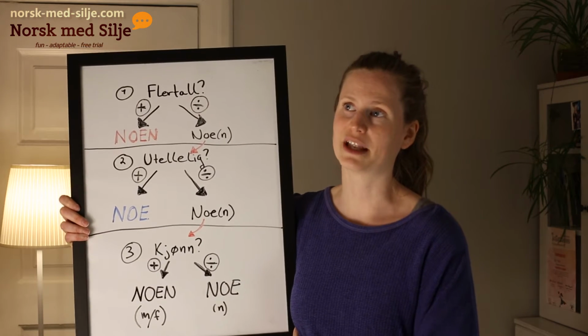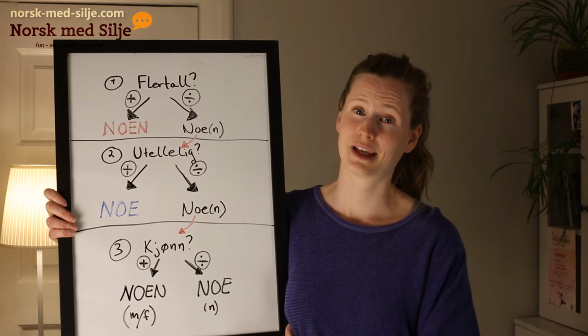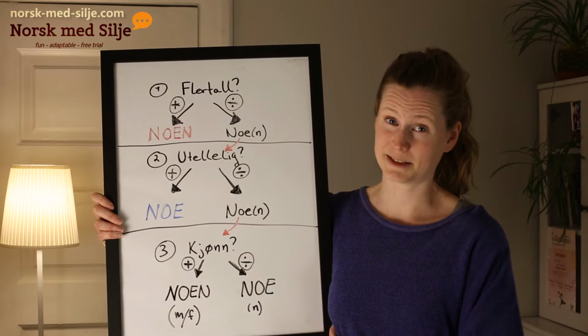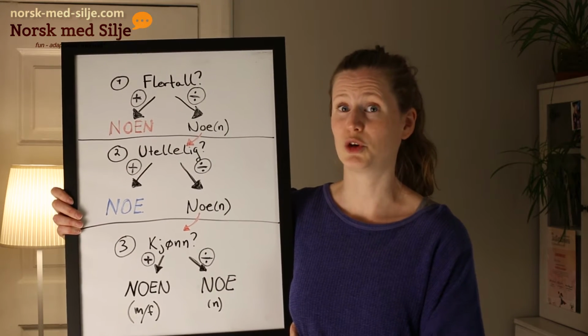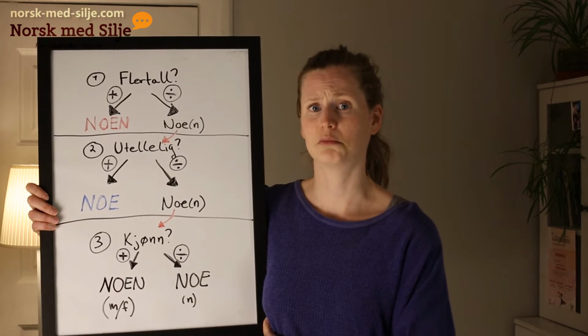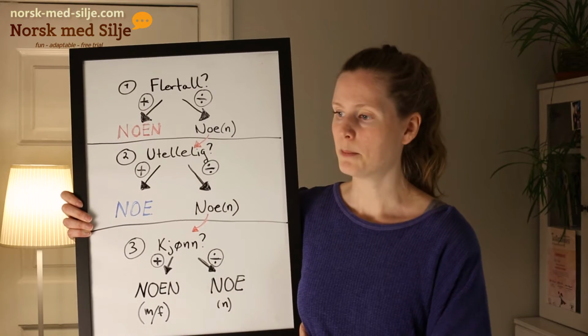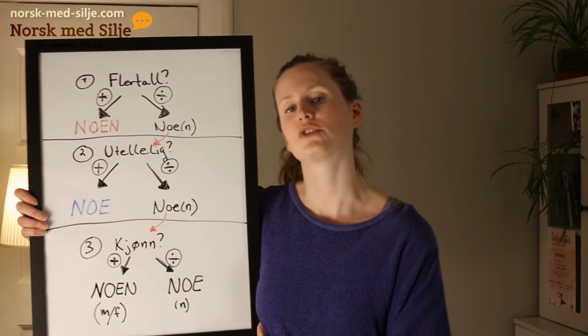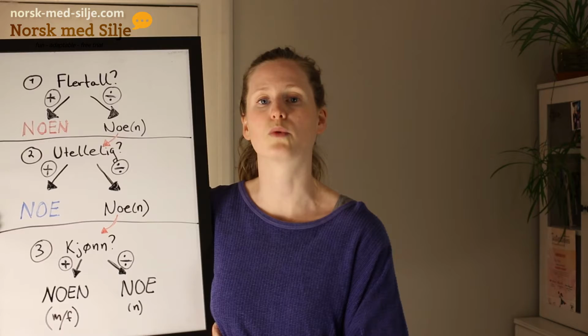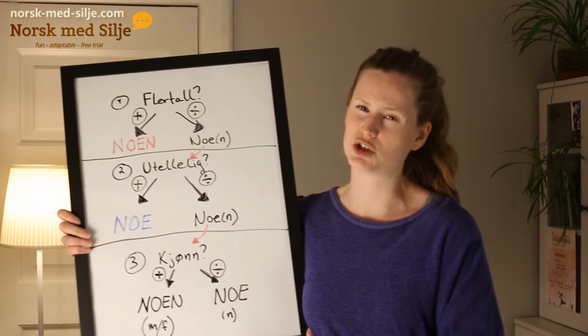And then we're gonna look at different examples, different kinds of sentences, so that you know what they actually mean or what they can mean. Okay? But let's look at the form first. Which form or which shape should I choose? Should I choose noe or noen?